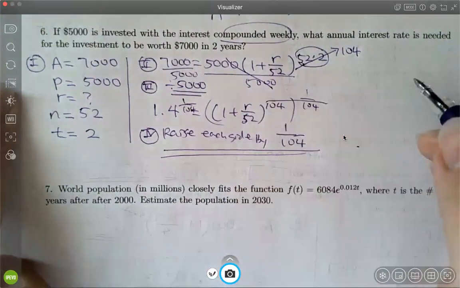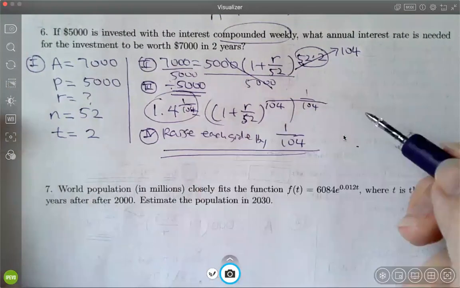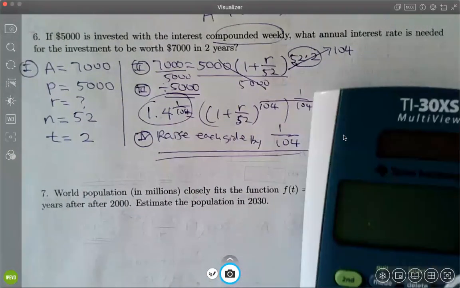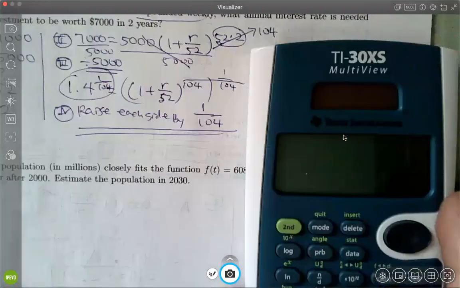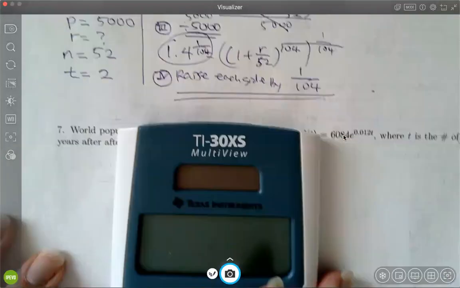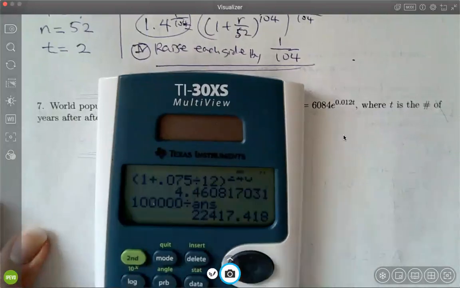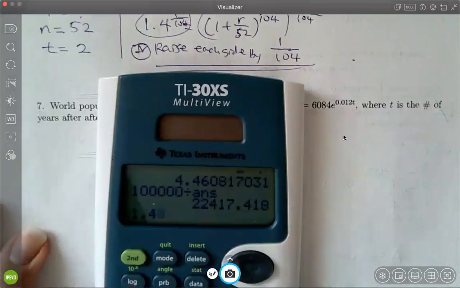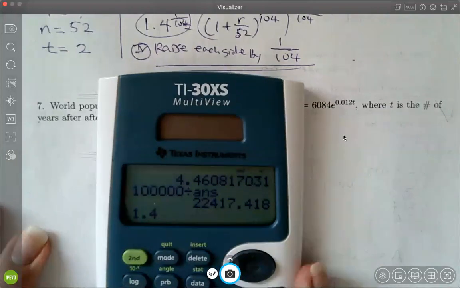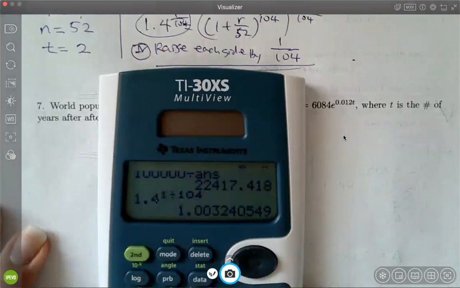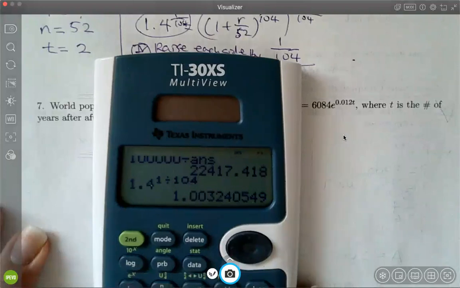Now when you do 1.4 to the power 104, you have to be a little bit careful, because it depends on what kind of calculator you have. For my calculator, I can do 1.4 to the power, and then type 1 over 104 like this, and then I get this number, like 1.0032 and so on.